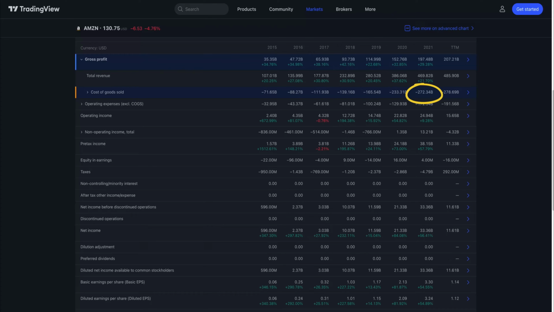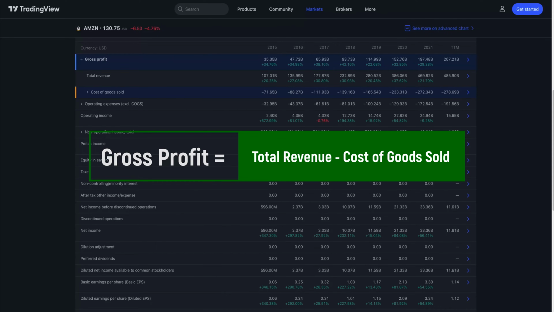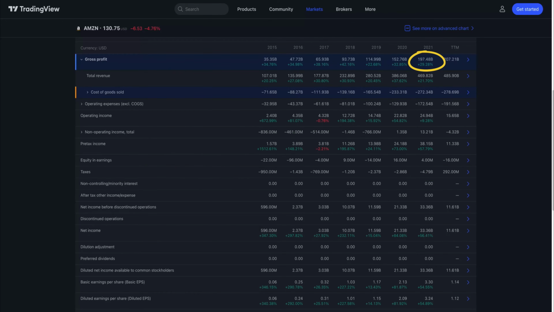There is always a minus sign prior to the number, as this number is always negative. Once we subtract the cost of goods sold from the total revenue, we will get the gross profit. In our example, that number is $197.48 billion for 2021.